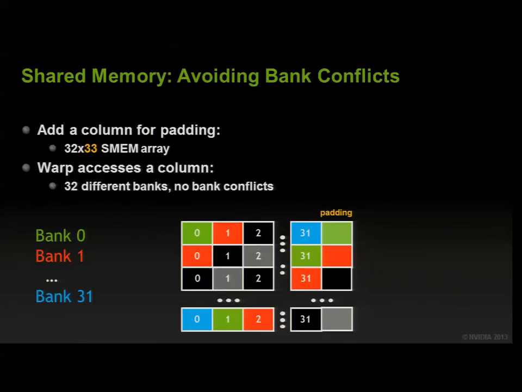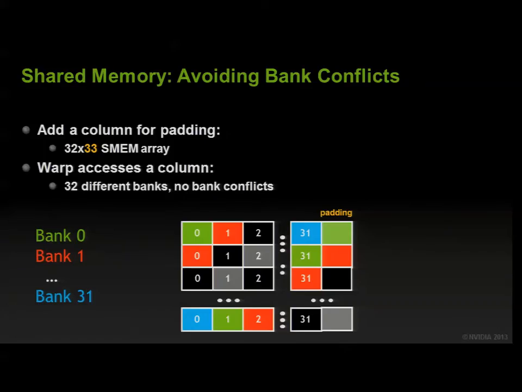So thread number 0 will go to bank 0, and then we have a wasted element in shared memory. We're just not going to use that. But then on the next row, thread number 0 will write to memory bank number 1.